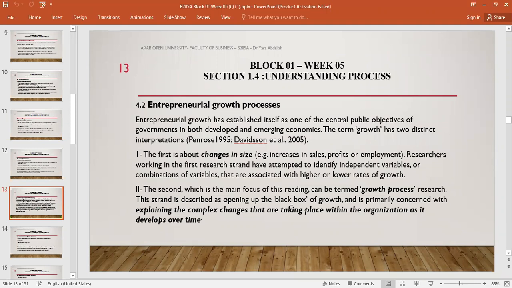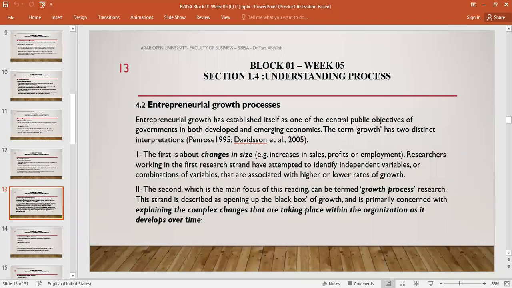So there is such a kind of similarity between science and social science, pure science or nature and social science. Social science is concerned with the social aspects like business issues. They are social science, but biology is a pure science.